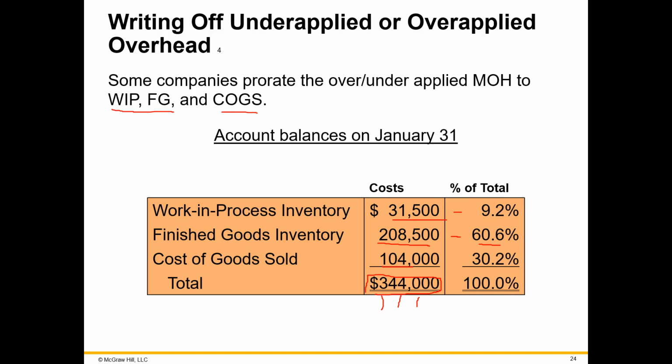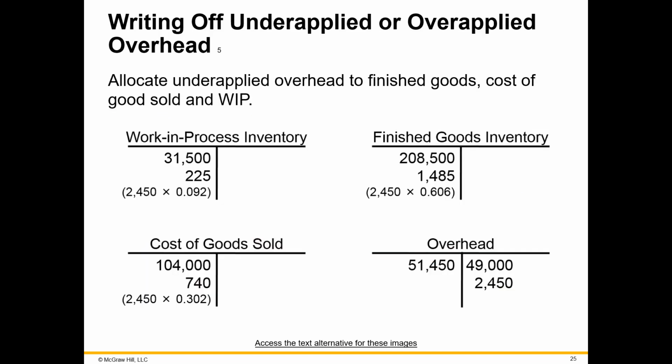So as we see here, work in process inventory was 31.5. This is the T account. We're going to allocate this 2450, which is our underapplied amount. We're going to multiply it by the 9.2%, which, remember, is what the work in process amount comprised as part of the total.